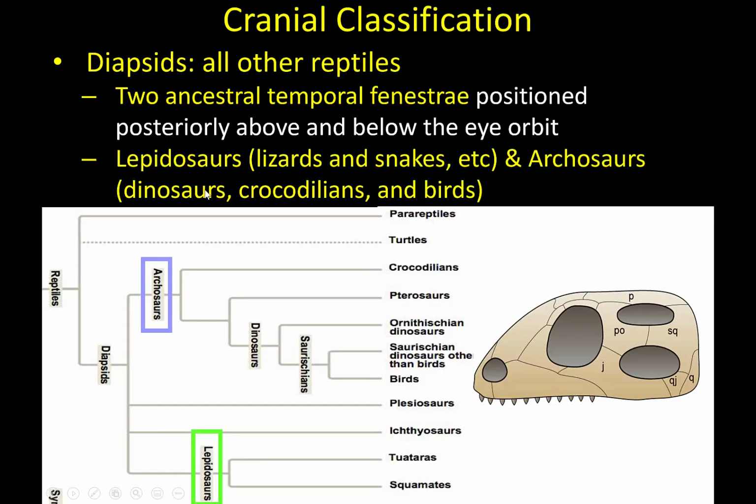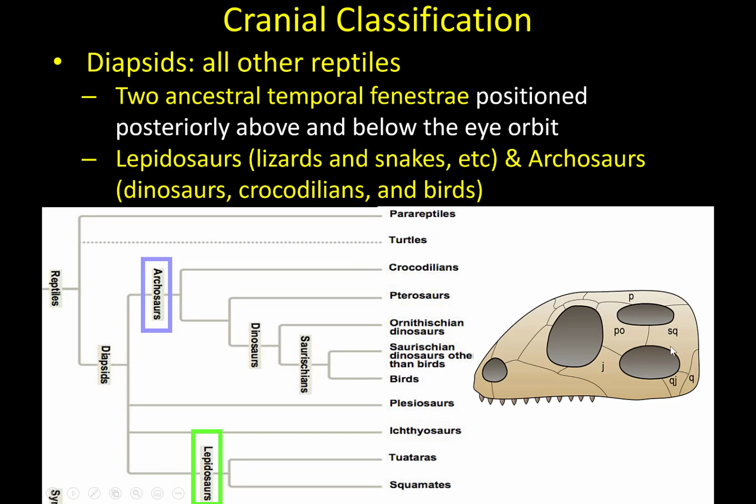The rest of the reptiles are diapsids, di meaning two. These guys have two ancestral temporal fenestra, meaning some of the more modern species have lost them, but ancestrally, all other reptiles had two. They're positioned posteriorly above and below the eye orbit. This is the orbit. Okay? Posterior means behind. Here's one above. Here's one below.